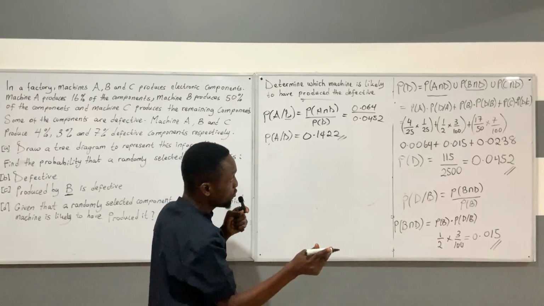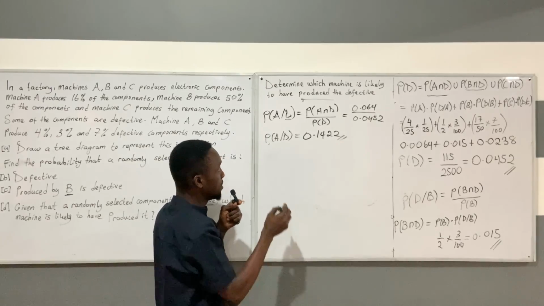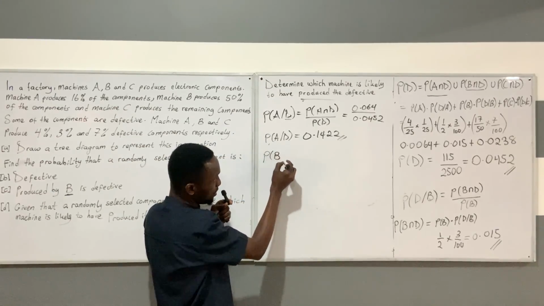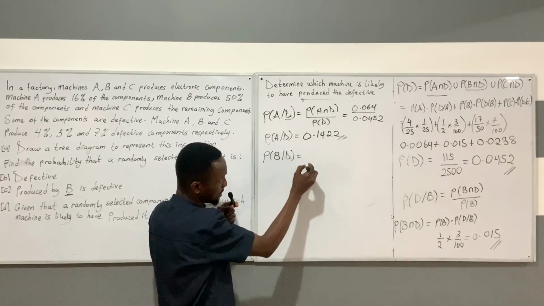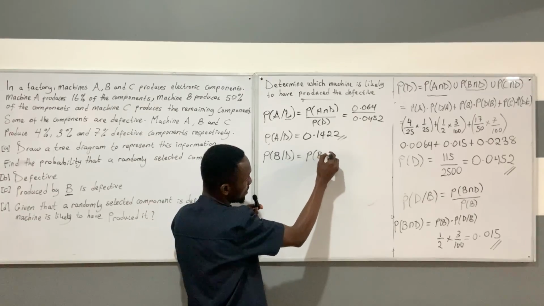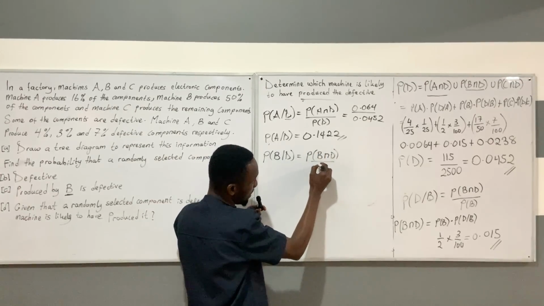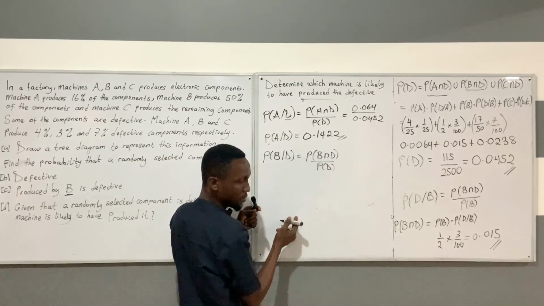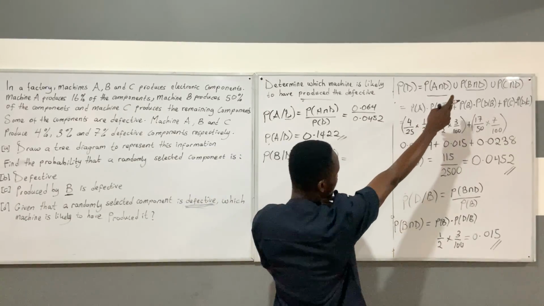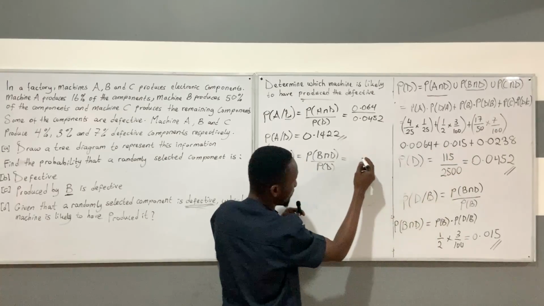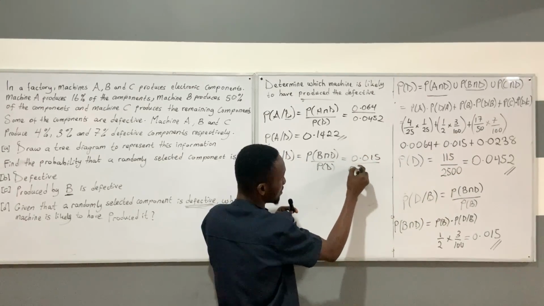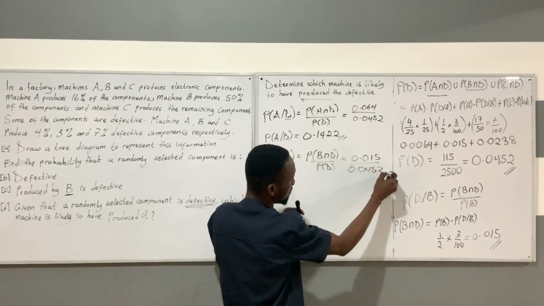Okay, the next thing we'll do is to find for plant B. So let's write this together. Probability of plant B given the defective occurred is giving us probability of B intersection D divided by probability of D. All right, did you get that? We already know that probability, 0.015, divided by 0.0452.